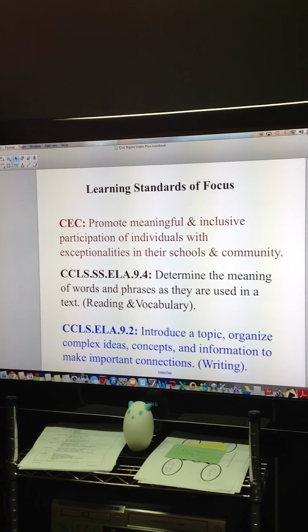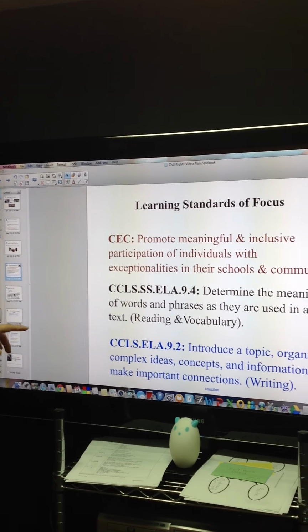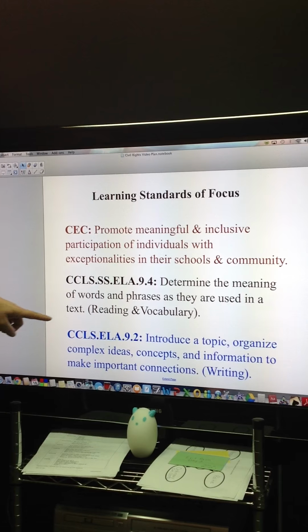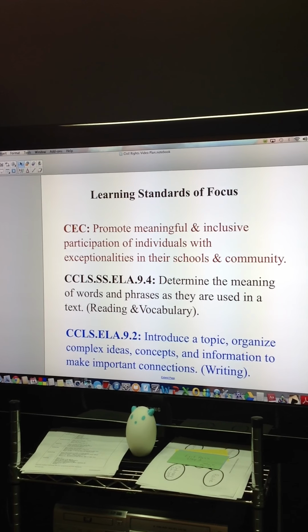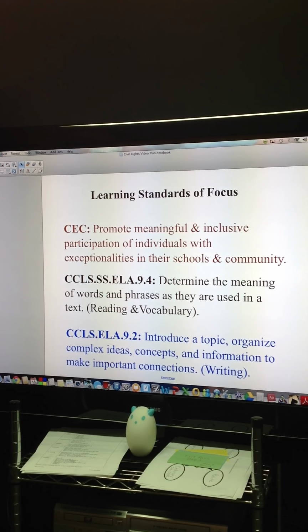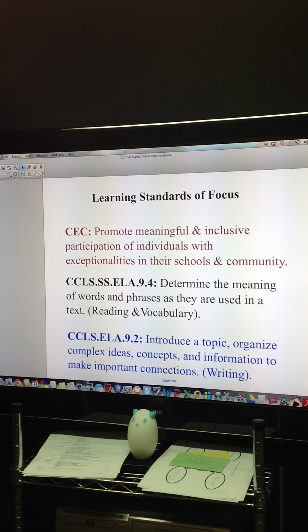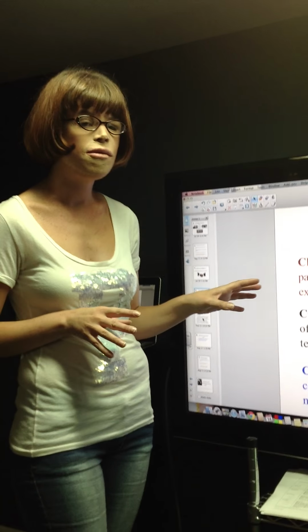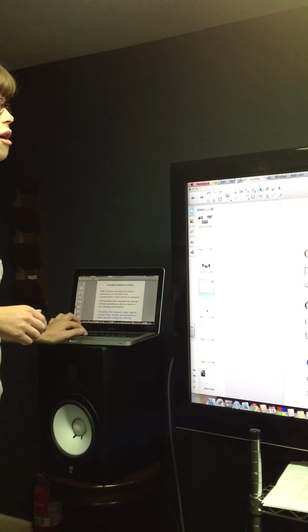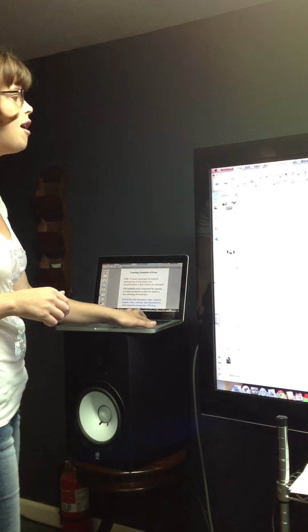This is focusing around reading and vocabulary. And also Common Core Learning Standards, ELA 9.2: introduce a topic, organize complex ideas, concepts, and information to make important connections. This is focused around writing. Those are our 3 essential learning standards for the lesson.